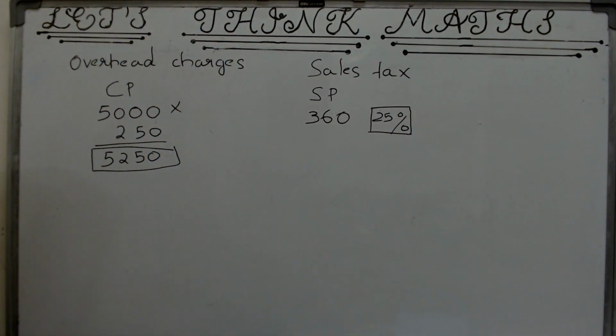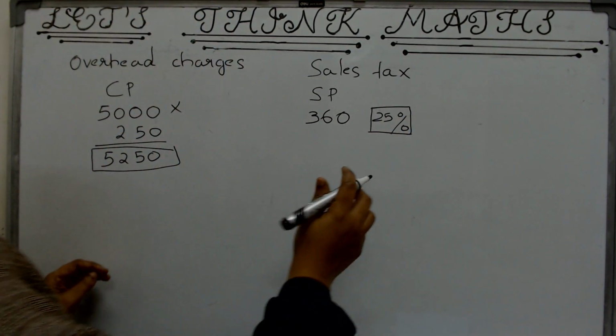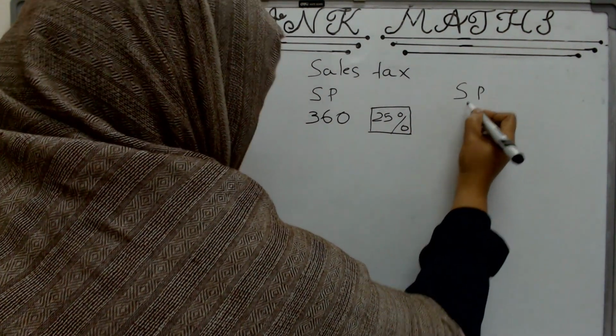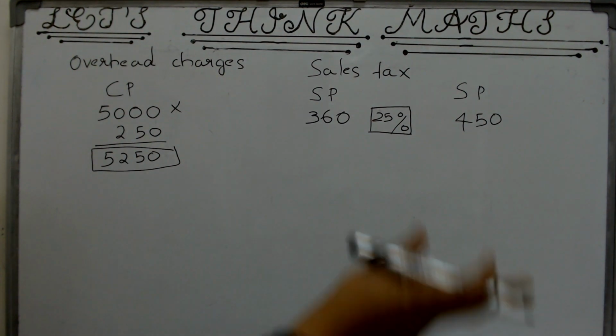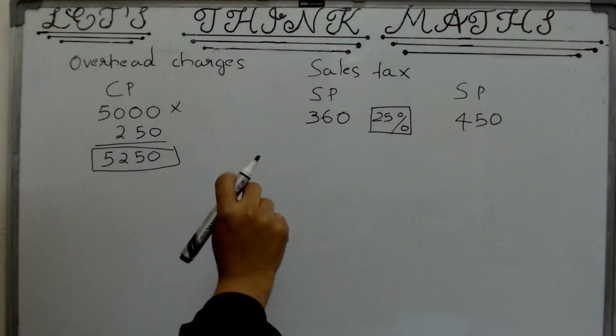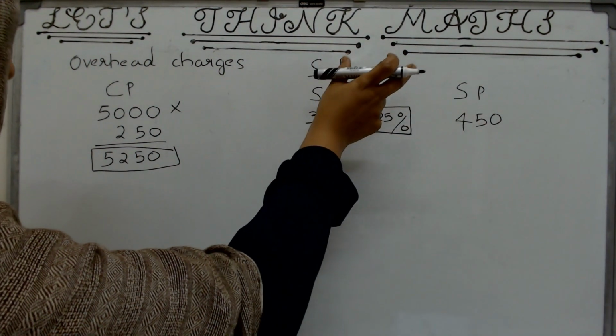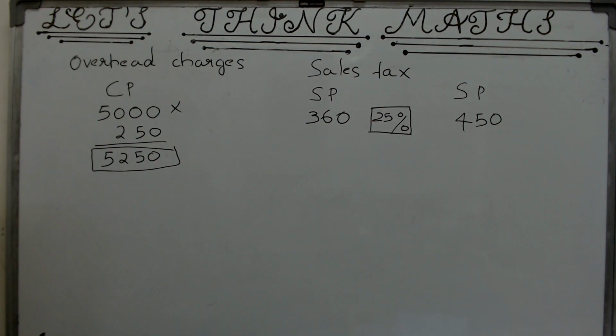And when you go to the counter to pay the money, you will actually have a new selling price and they will say it is 450 rupees. Why is that? Where did this 450 come from? This is what comes from the sales tax. Sales tax is something that we, the buyers, have to pay to the government.